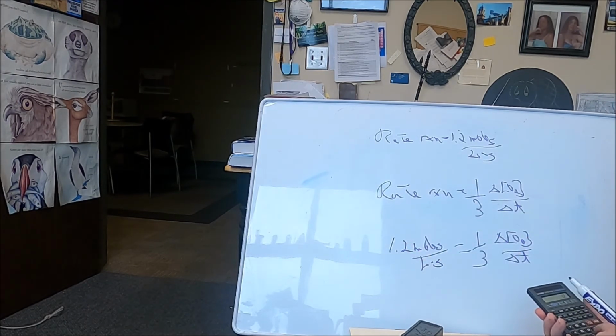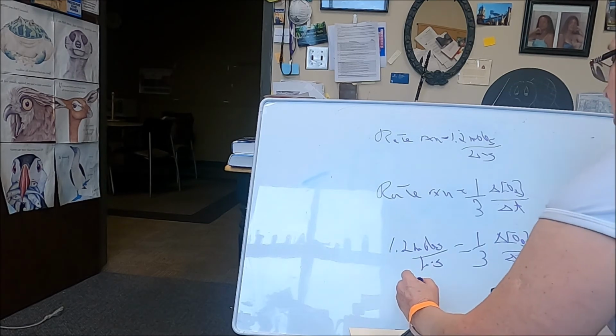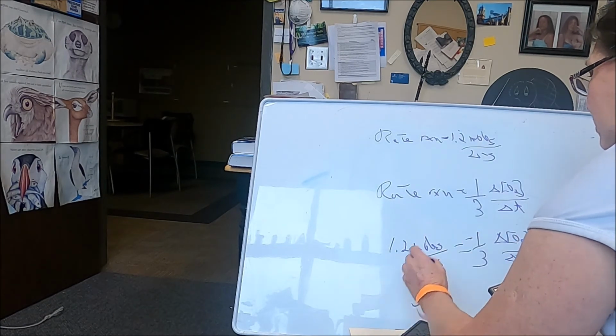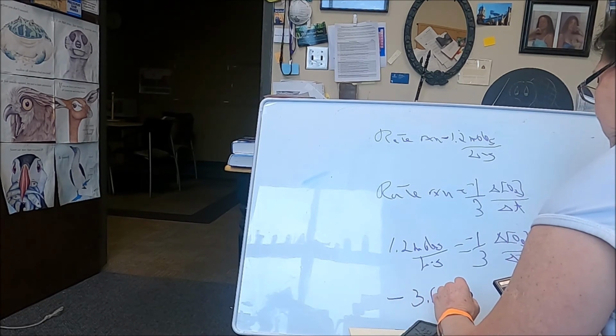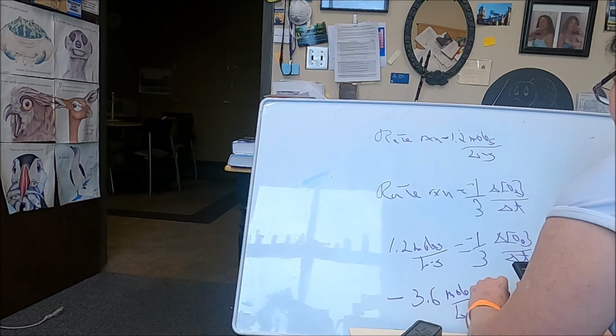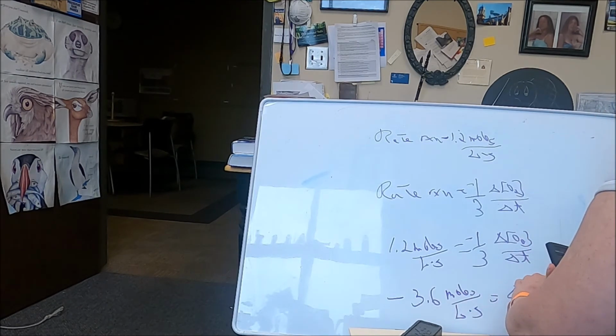So 1.2 times 3, and it's a negative there, so I get -3.6 moles over liters times seconds equals the change in concentration of oxygen with time. And that's the rate for oxygen.